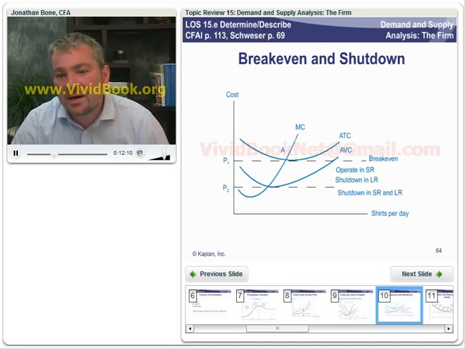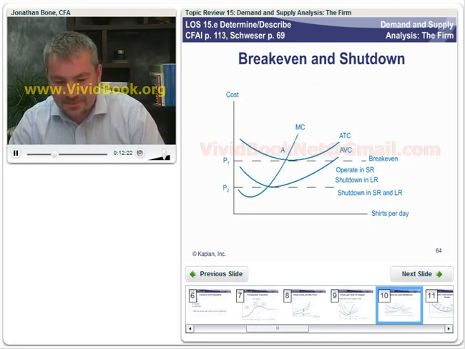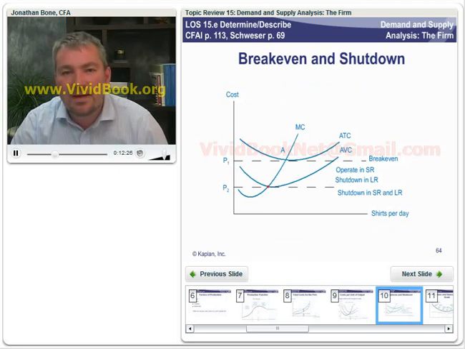Now what we're going to essentially argue on this is if marginal cost is below average variable cost, and if price, and this is the key point, if price is below that point where the two intersect, this point here, then the firm should shut down. Why?